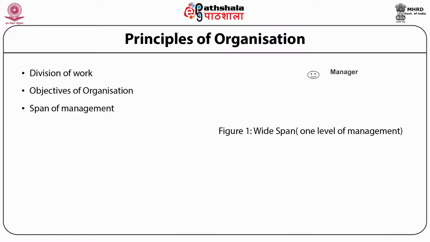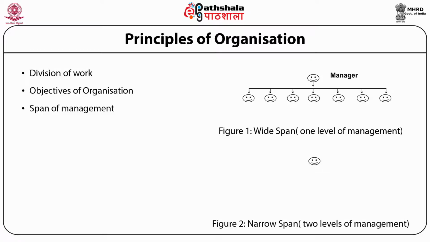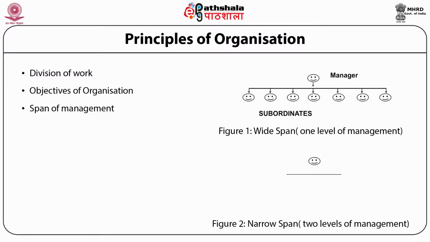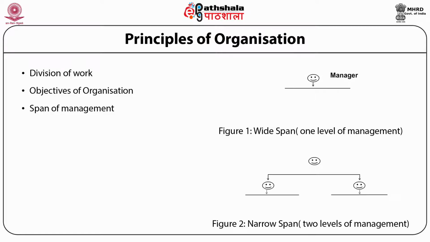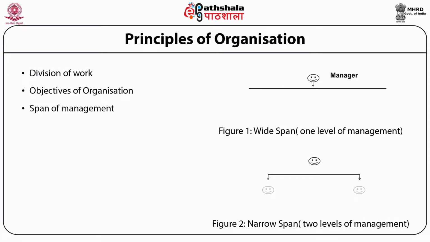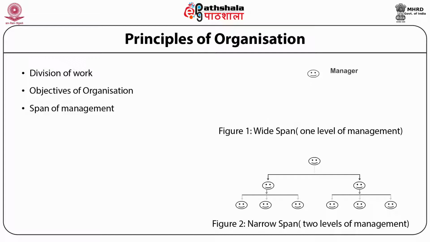A manager here supervises 7 employees under him directly and hence one level of management hierarchy, but in figure 2, span of control is narrow. Here, there are 2 employees under manager's direct supervision who then supervise 3 employees each and hence 2 levels of management hierarchy. So span of control directly influences organization structure.